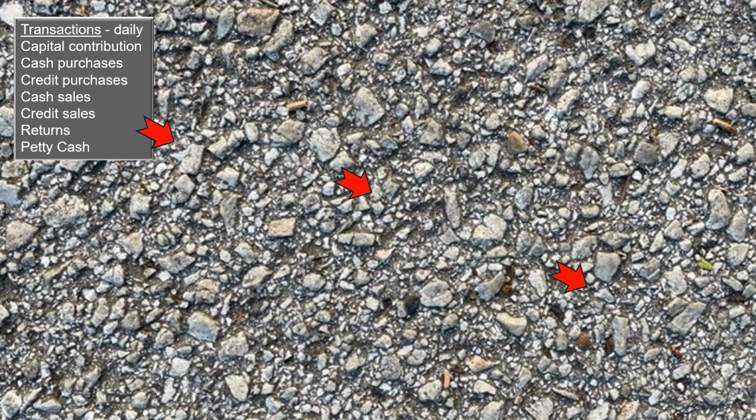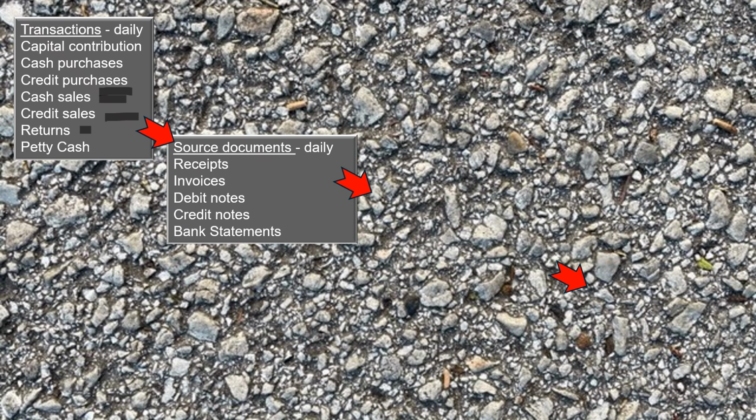We looked at this. We're going to look now at credit purchases, credit sales. There it says credit sales returns, and most probably general journal transactions. We're going to look at documents.